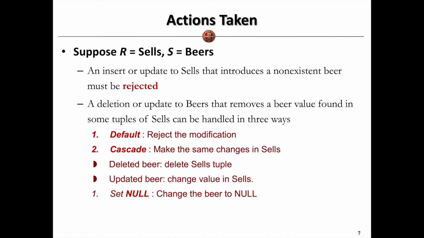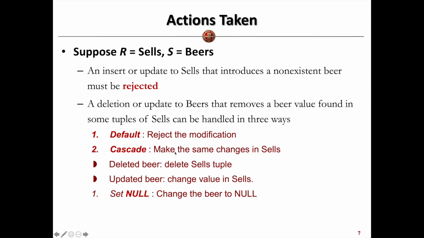In this way, we can ensure the foreign key will always be valid during the running time, by rejecting all these invalid actions. Another way we can handle this is to do cascading operations. We'll make the same changes in the sales table as well. If we have some changes in the beers table, in the S table, we will cascade the same operation on the R table, the sales table, as well.